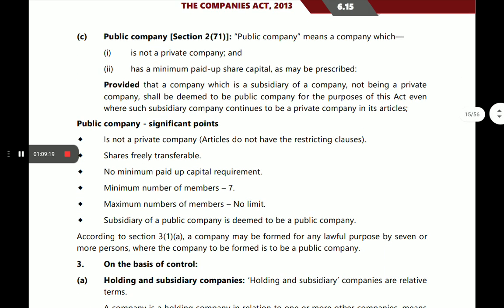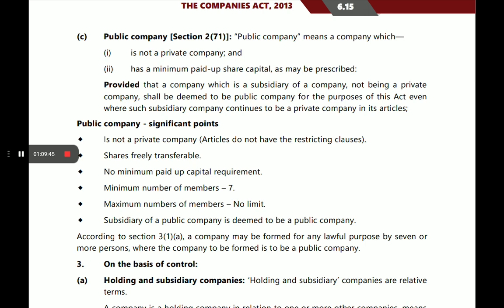Public company, significant points. It is not a private company. Articles do not have the restricting clauses. Shares freely transferable. No minimum paid up capital requirement. Minimum number of members 7. Maximum number of members no limit.